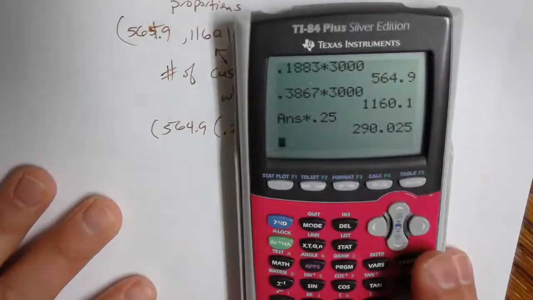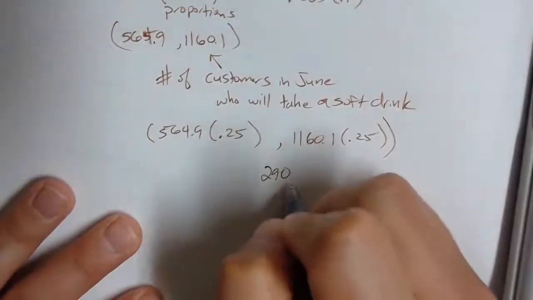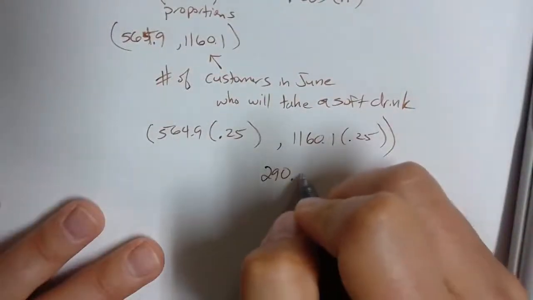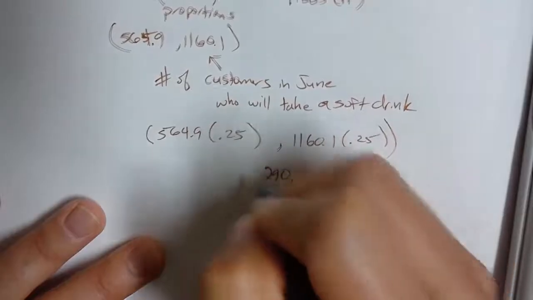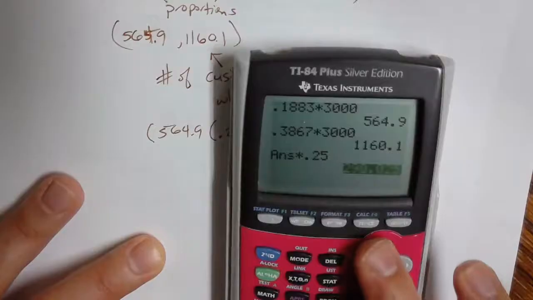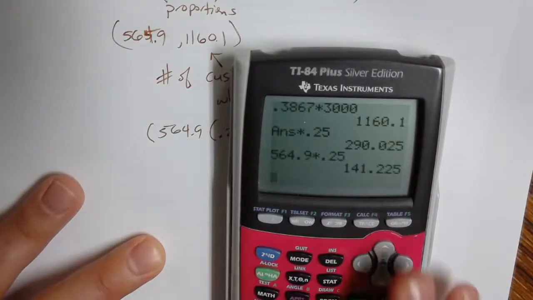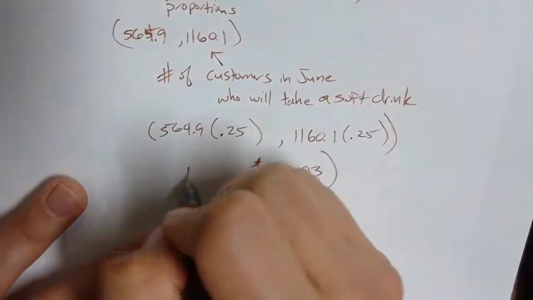Our upper bound is 290.03, we'll go to 3 cents here. And the lower bound, 141.23.